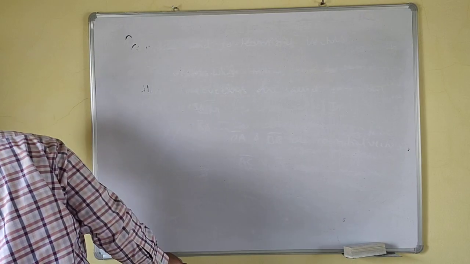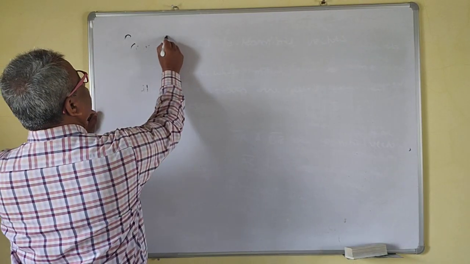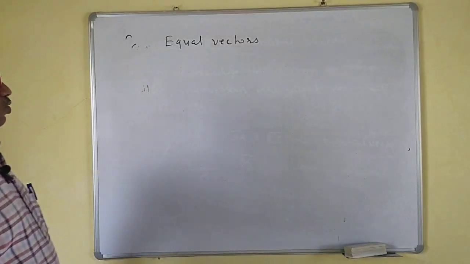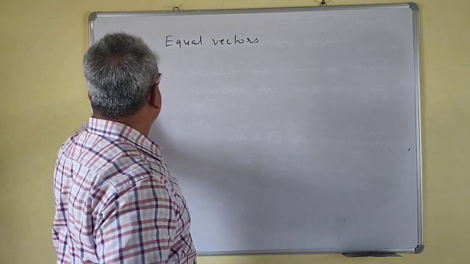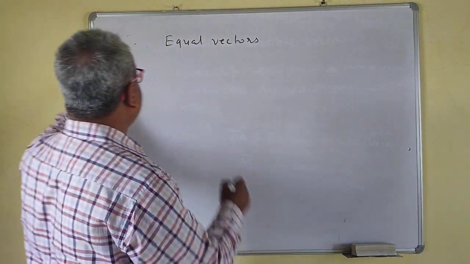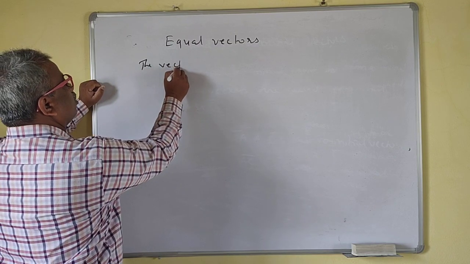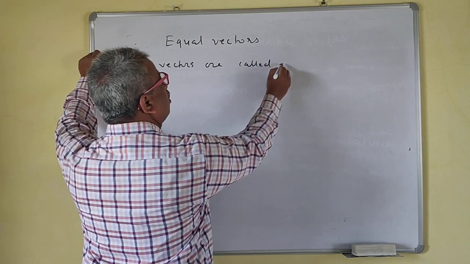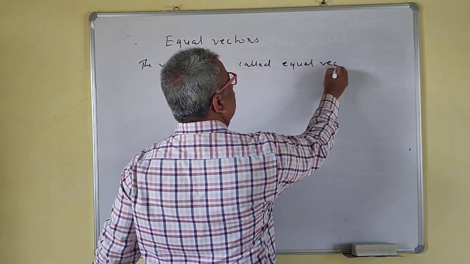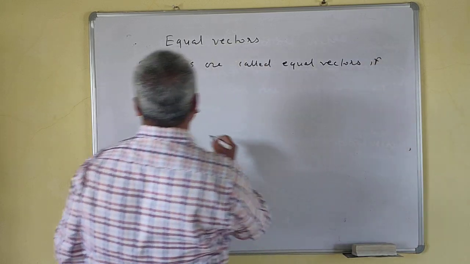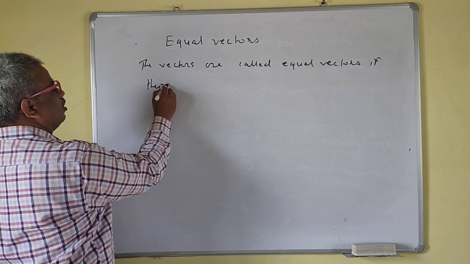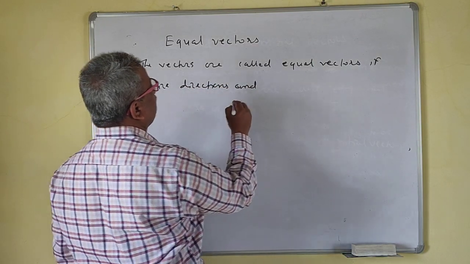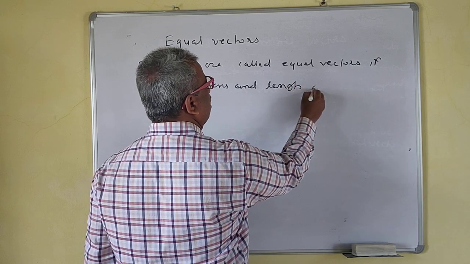Okay. Now next type is equal vectors. This is very important. Equal vectors means what? The vectors are called equal vectors if their directions and lengths are same.